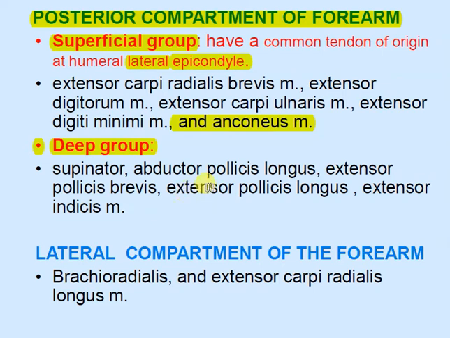Then let's finish our discussion of the muscles of the forearm by discussing the muscles of the lateral compartment. In the lateral compartment you have the brachioradialis, and then you have the extensor carpi radialis longus muscle. So only two muscles in the lateral compartment.